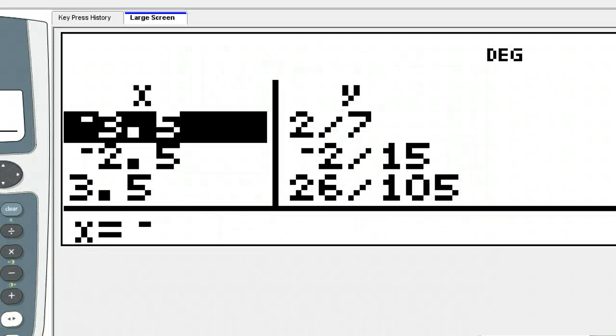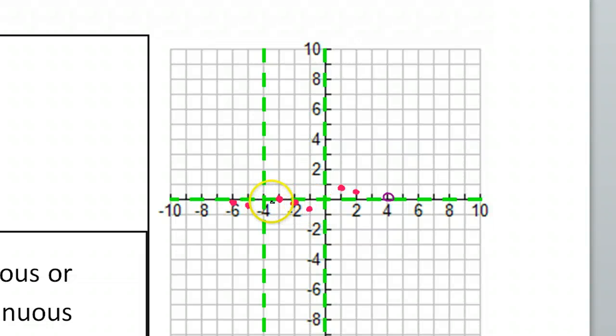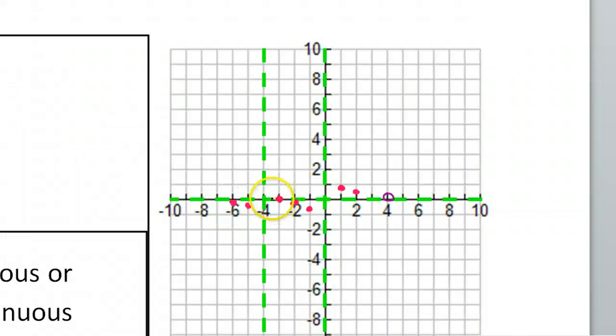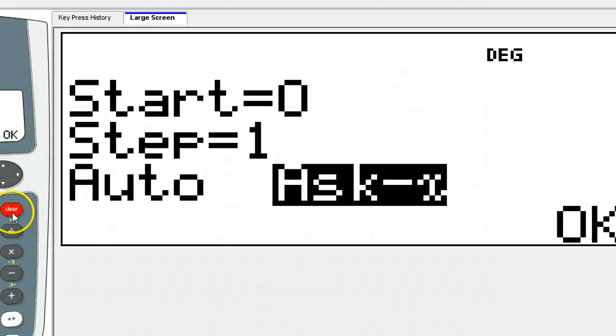So negative 4.5. Okay, on the right side, that's negative 3.5. So negative 3.5. Okay. Let's just deal with these two for right now. Wonder if I can just clear that out. No, that didn't do what I wanted it to do.